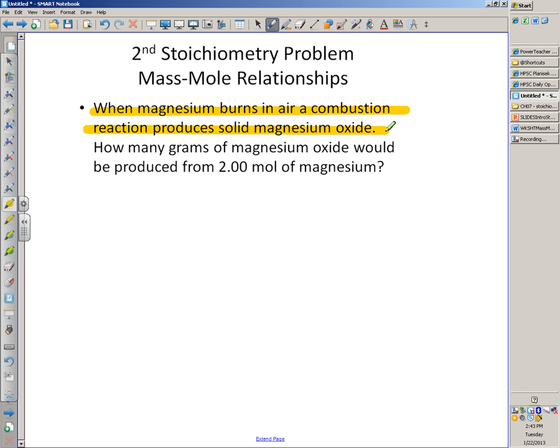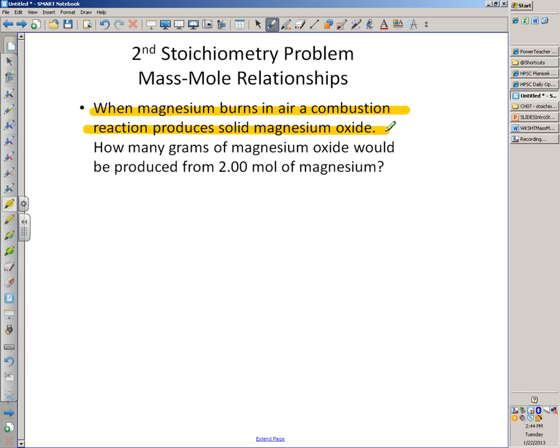Oxygen has 6 valence electrons, magnesium has 2.